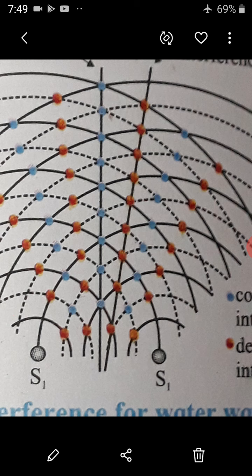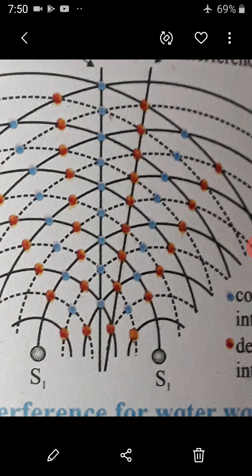Here the red dots are given, and these red dots are on the intersection point of trough and crest. The crest due to one wave is superimposing the trough due to another wave.